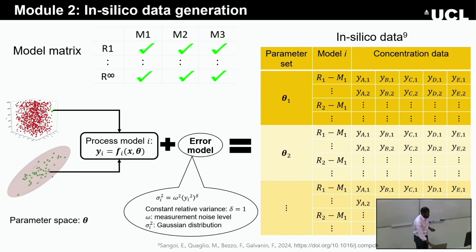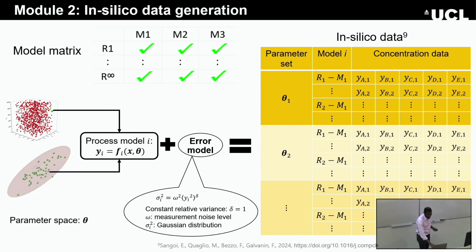And so if we have this parameter space, we could generate different parameter sets from the parameter space to simulate the model for any reaction condition. And so that the simulation would be similar to what we obtained experimentally.